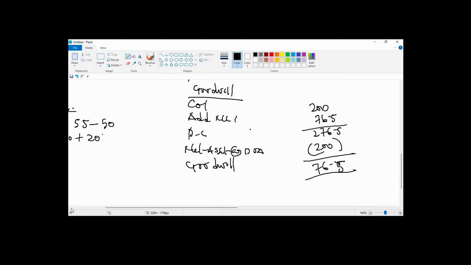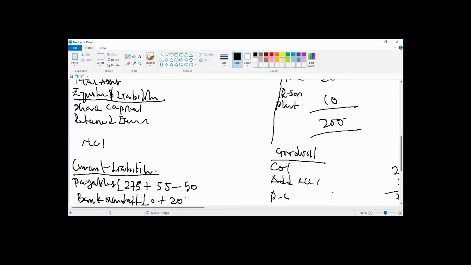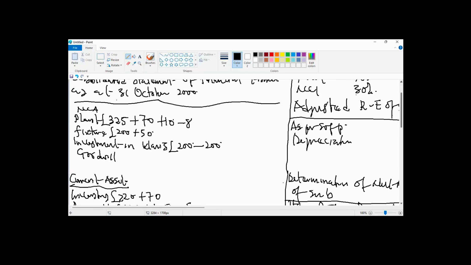We'll go to the non-current asset, my goodwill, 76.5. That is it.